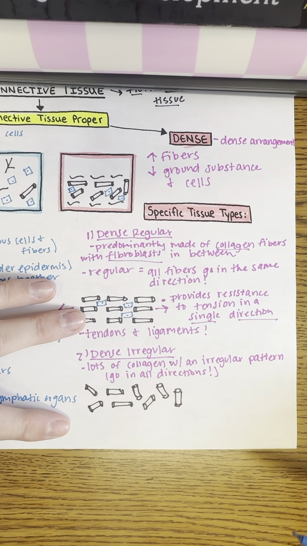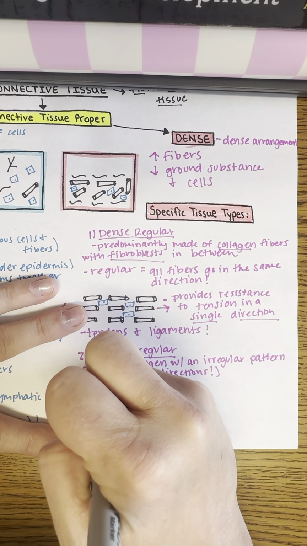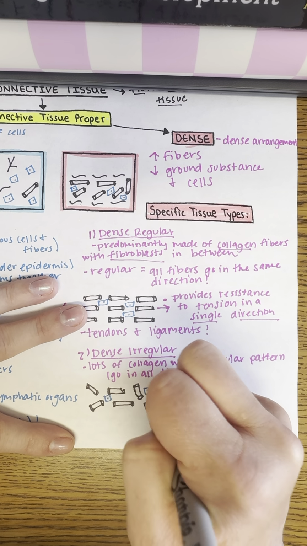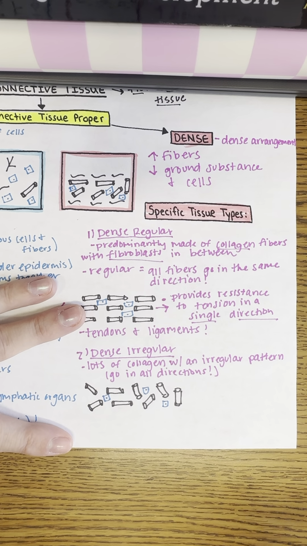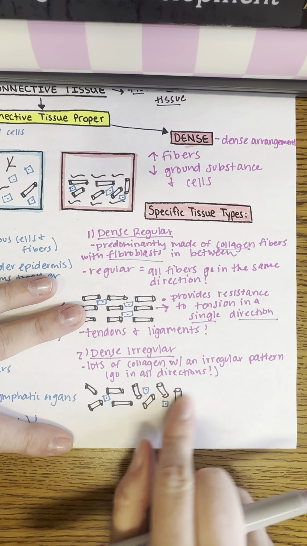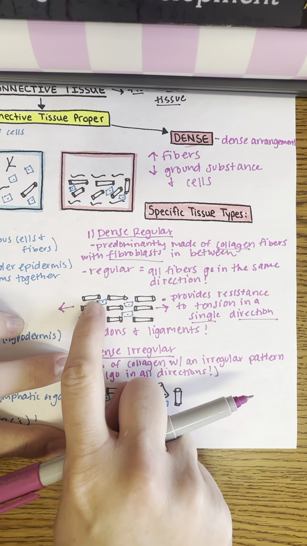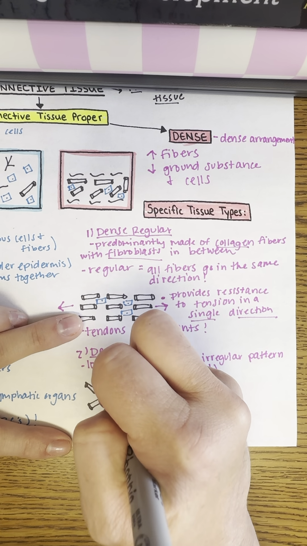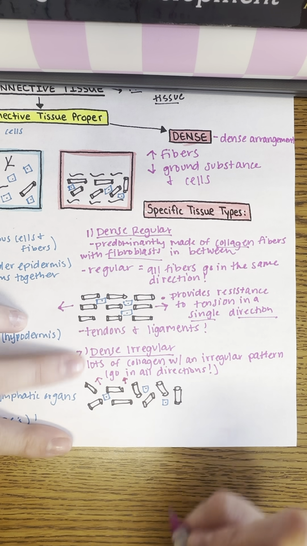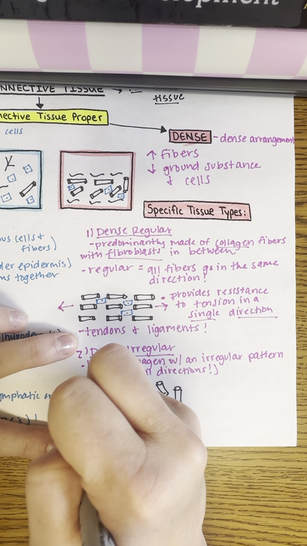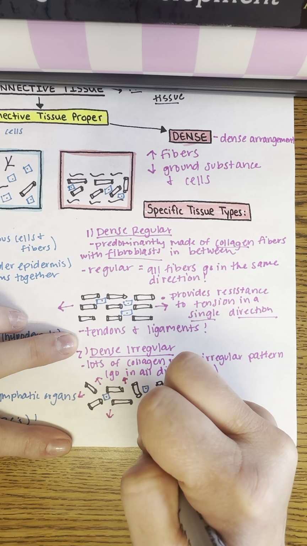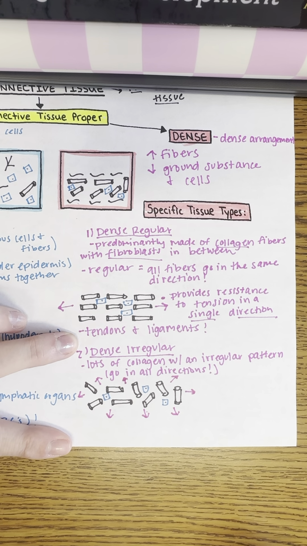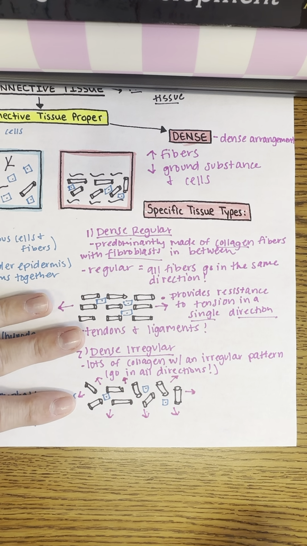And again, we've got those fibroblasts sitting in between. So with the fibers being arranged this way instead of all stacked on top of each other going the same way, I can pull or give resistance or tension in all kinds of directions, and this tissue should be able to withstand it fairly well.